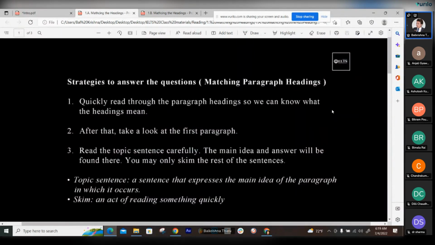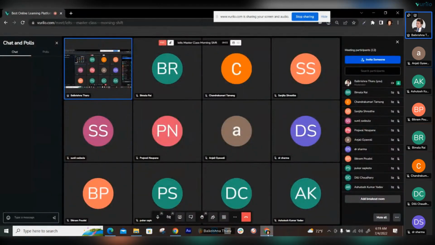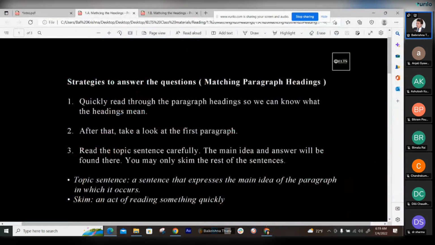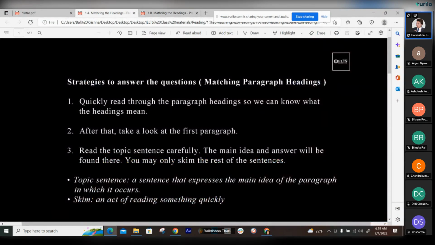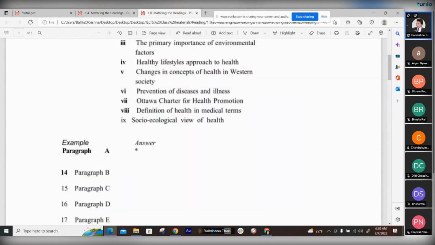Okay, so first we're going to talk about matching paragraph headings type questions. So now, what does a matching paragraph headings question look like? It looks like this.